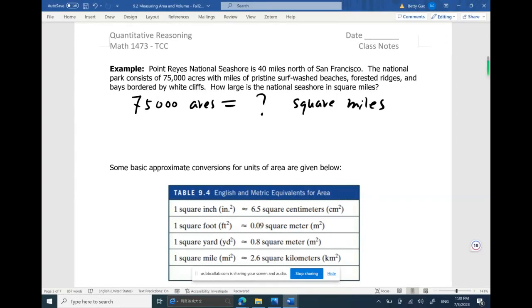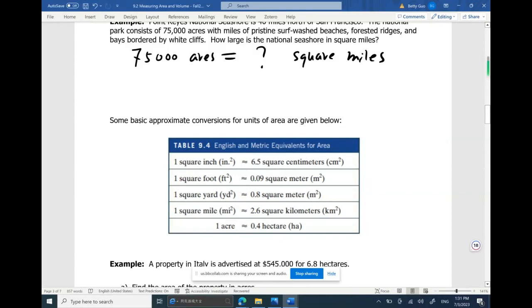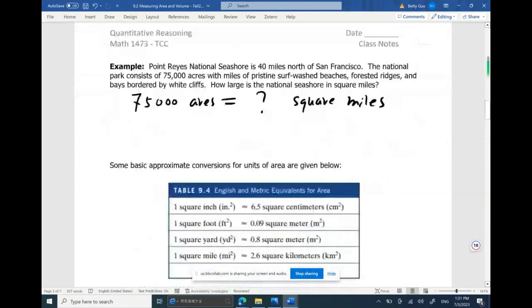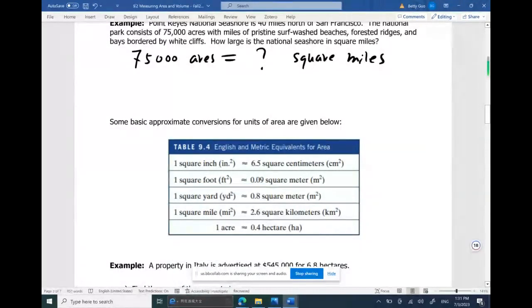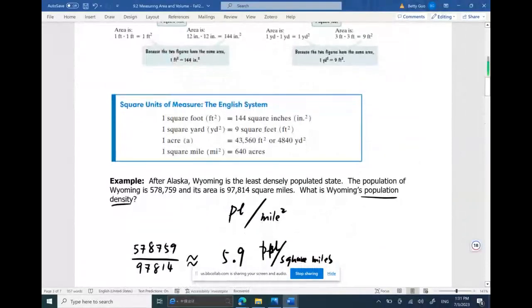Let's see where we find the equation between acre and square miles. Let's go up. Oh, right here.